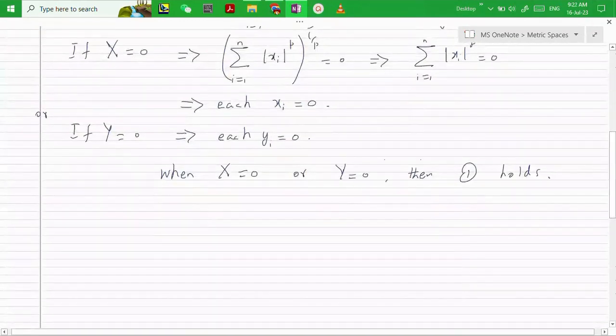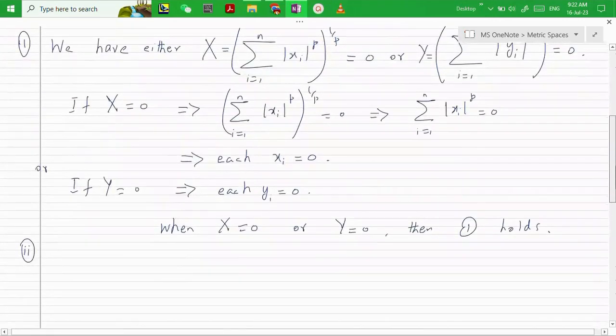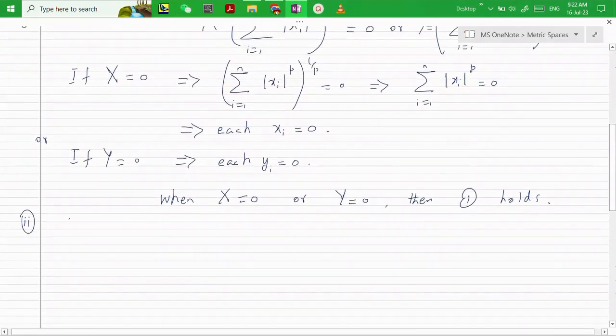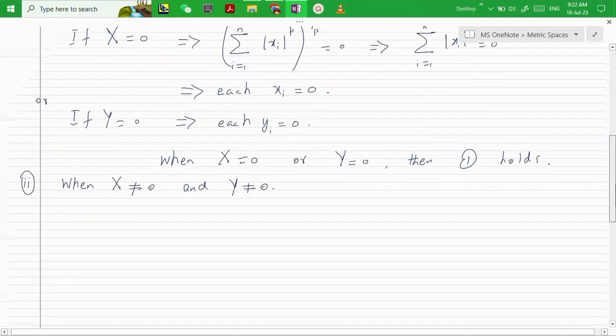Now we consider the second case, which is Roman 2, when both capital X and capital Y are non-zero. This is our second case.